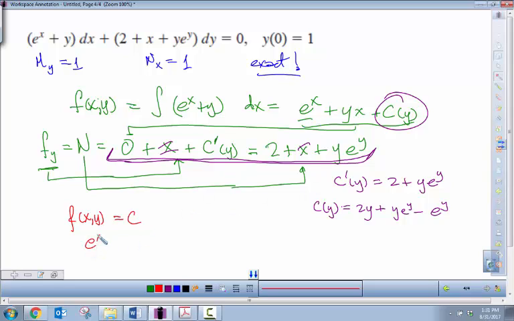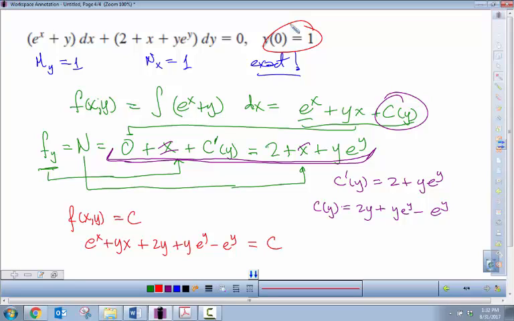So this is e to the x plus yx plus c of y, which is 2y plus y times e to the y minus e to the y. And the plus c over there says that we got a family of functions. We have an initial condition, so we can use this initial condition to identify our one particular solution.